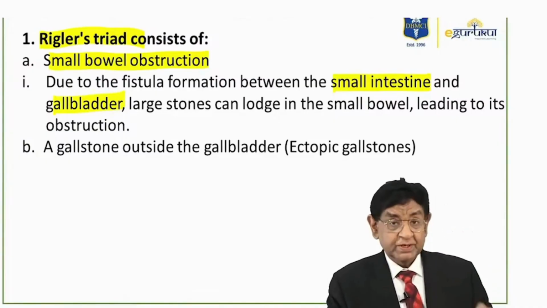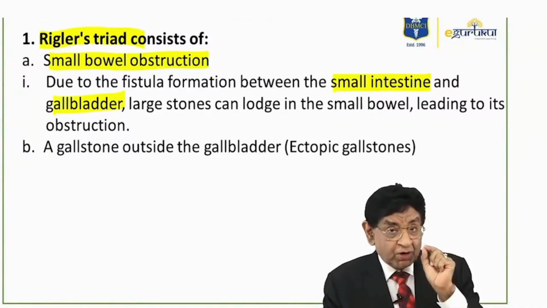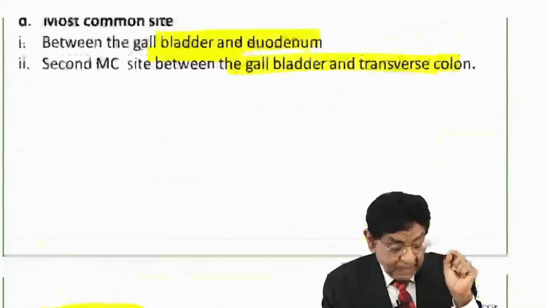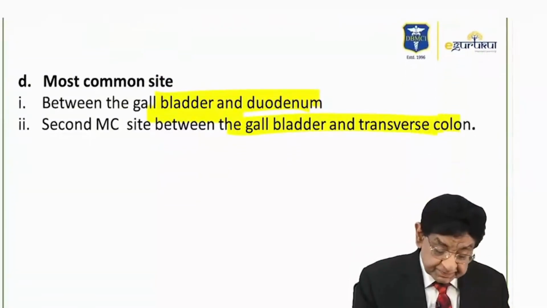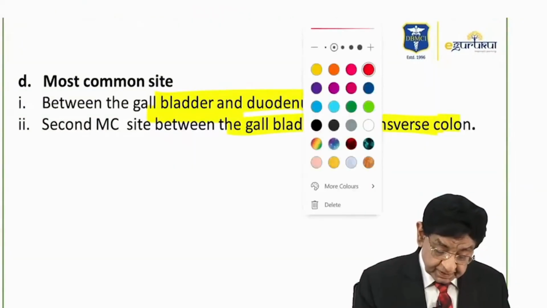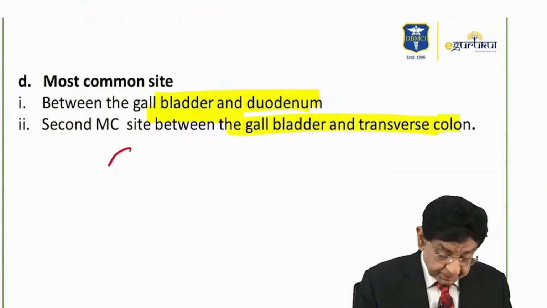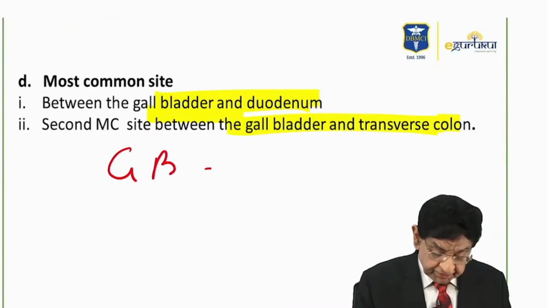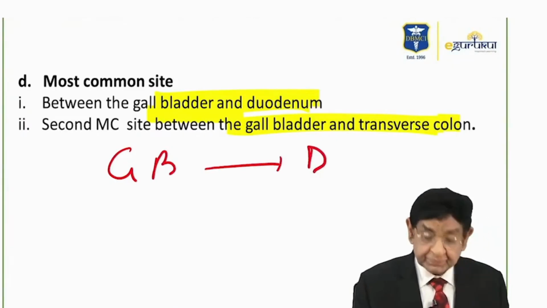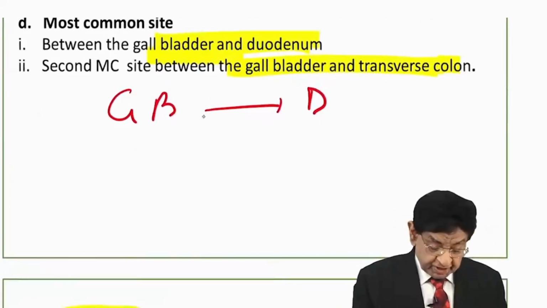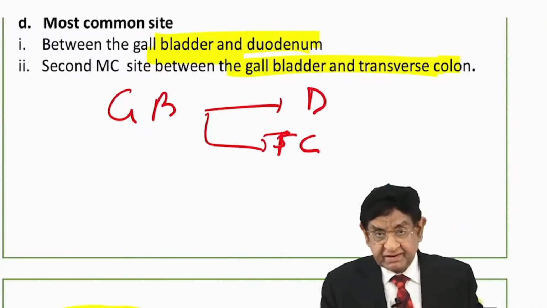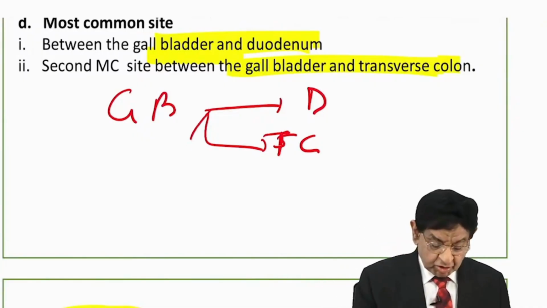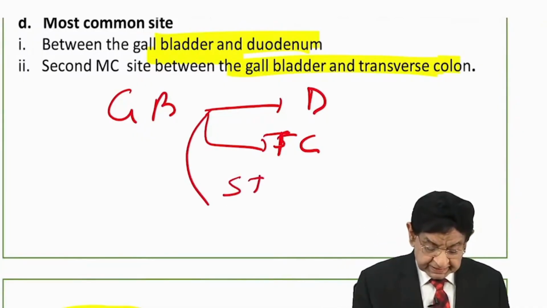So recall my words, go back. We are getting the gallbladder fistula with the duodenum, fistula with the transverse colon, and now in Rigler's triad they are talking about the small intestine.